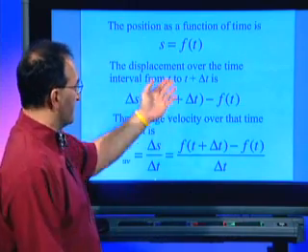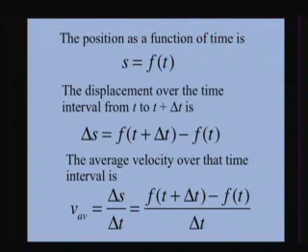The displacement over the interval of time in question, that is from t to t plus delta t, is delta s equals f of t plus delta t minus f of t. And then the average velocity over that same time interval is delta s over delta t, which is equal to f of t plus delta t minus f of t, all divided by delta t.